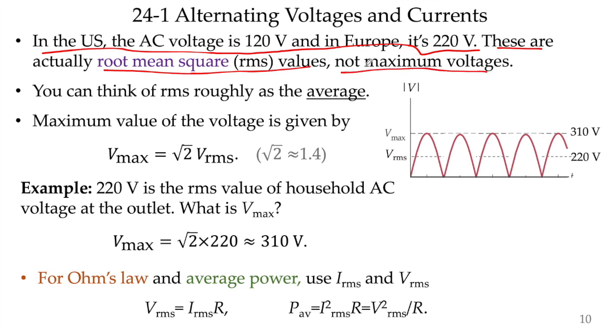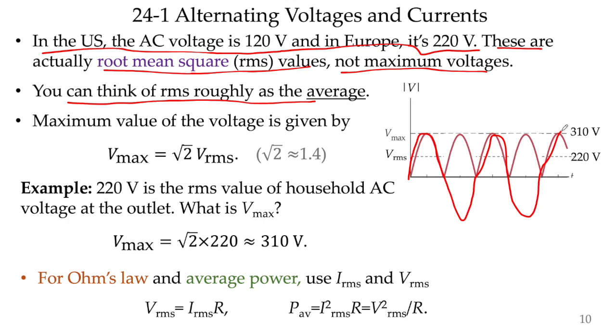Okay, now I'm going to explain to you what root mean square is, but you can think of it roughly as average. Now, think about the voltage. The voltage is actually like this, right? It goes like this. It becomes negative and positive. But if I connect it to a light bulb, it doesn't matter if the current is negative or positive, like it's flowing to the left or right, because if you have a resistor like a light bulb, it will still produce the same light.